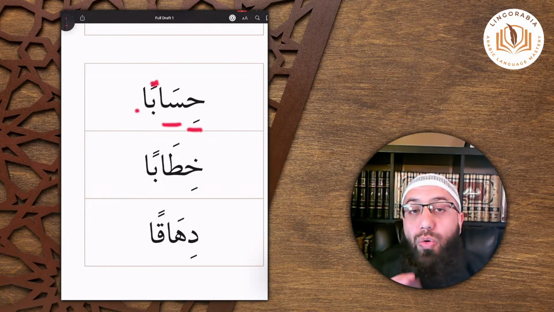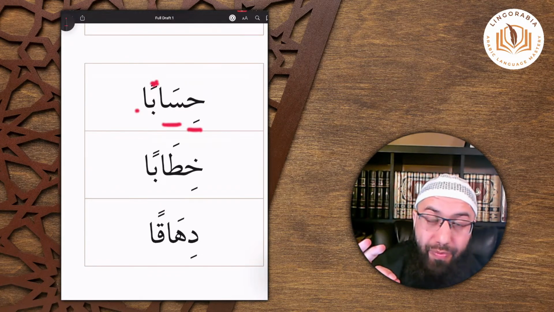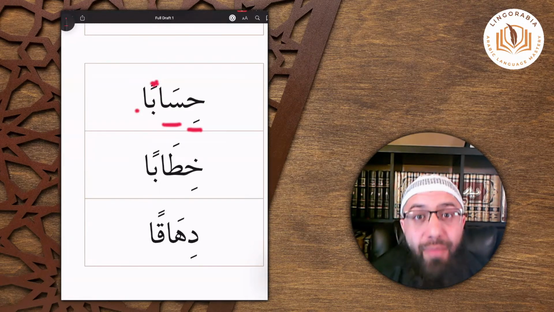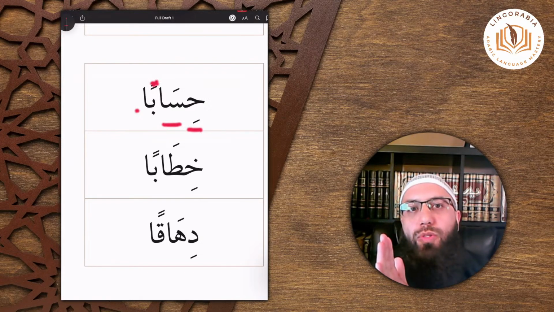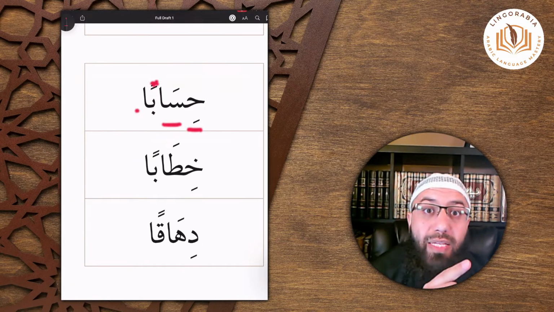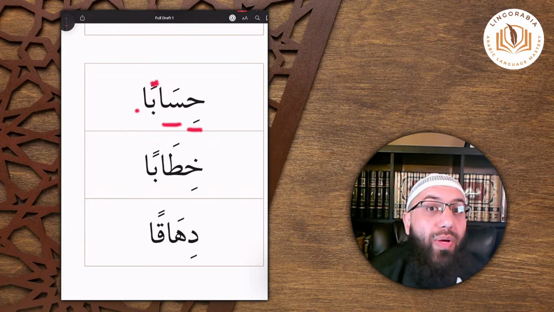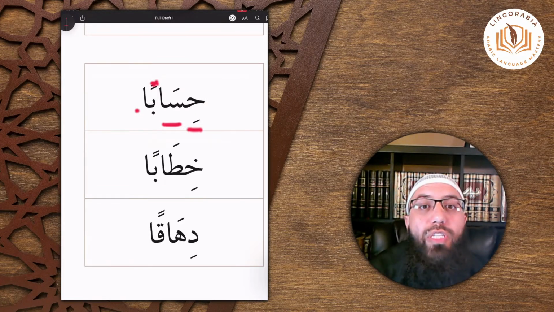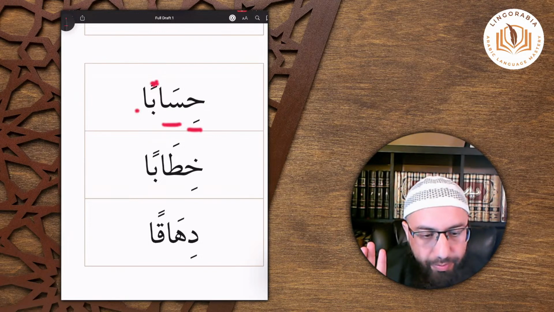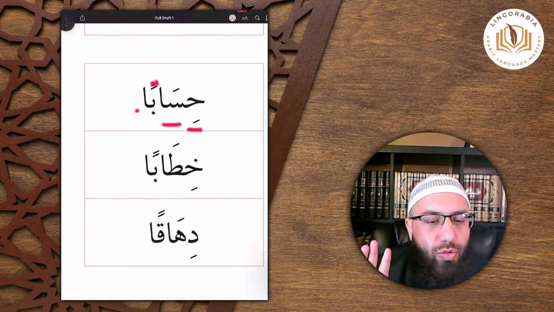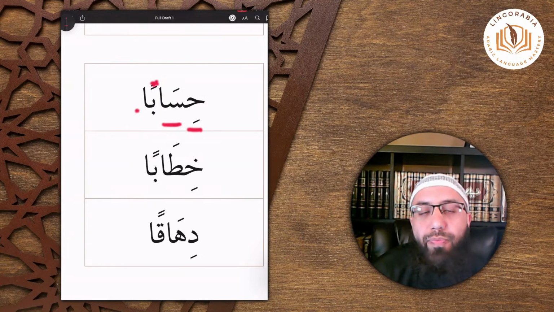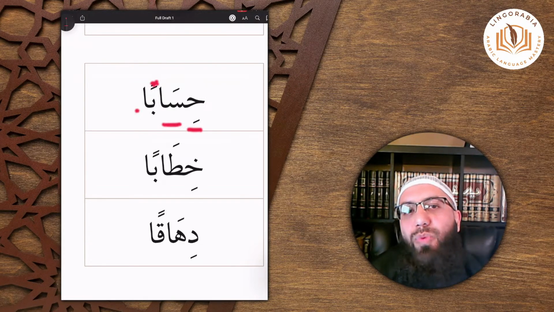So you write down an alif with the tanween al-fath. This alif, you have to read it only if you end with this word. Then you read the alif and you drop the tanween. When the word is positioned in the middle of the sentence, you drop the alif in pronunciation and pronounce the tanween, the n at the end.